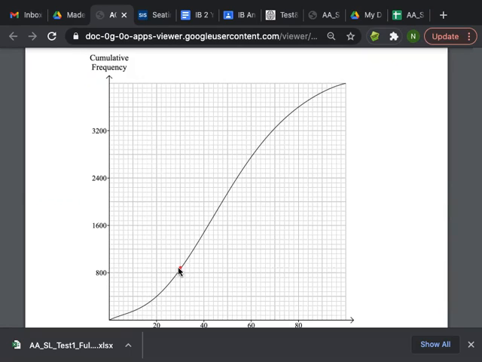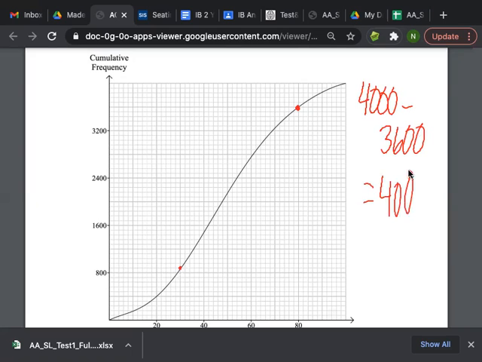More than 80 kilometers. Here's 80 kilometers. The answer is 400. How did you figure it out? Well, there's 4,000 people, and when you look at 80, there's 3,600 that did less than 80, so then you subtract from 4,000.